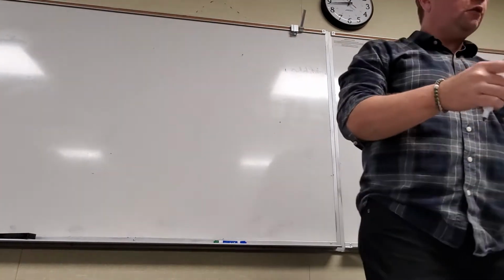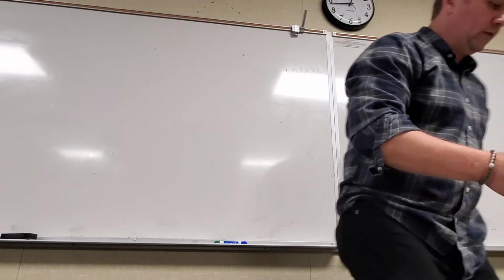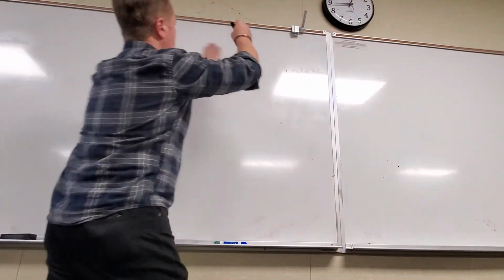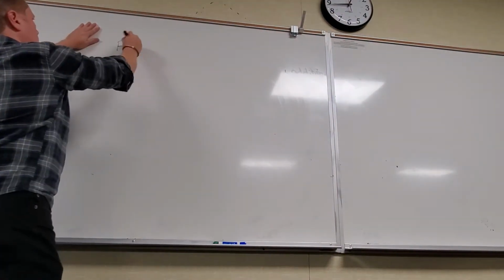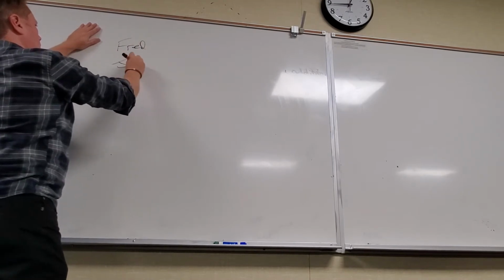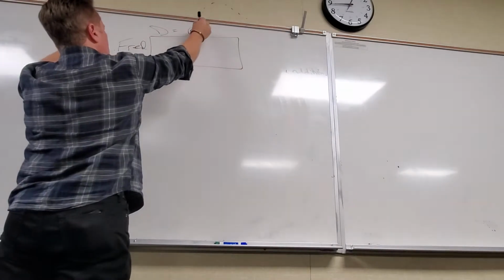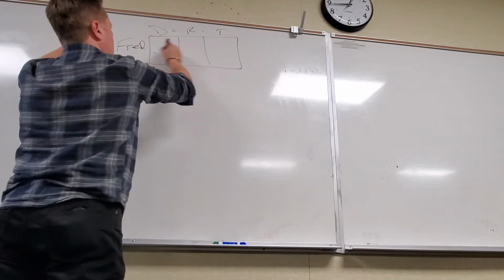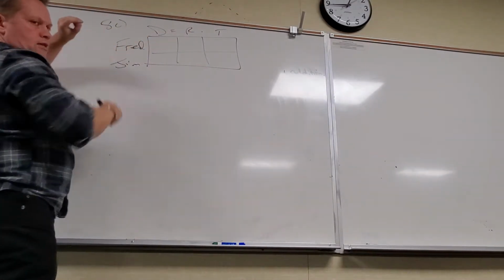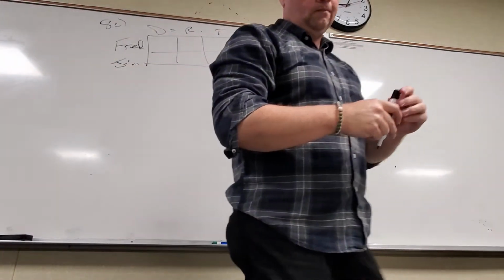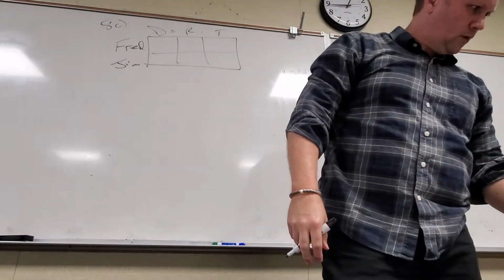So if I give you their speeds, let's see. We got Fred and Jim. Distance equals rate times time. And again, this is 7c, sorry.